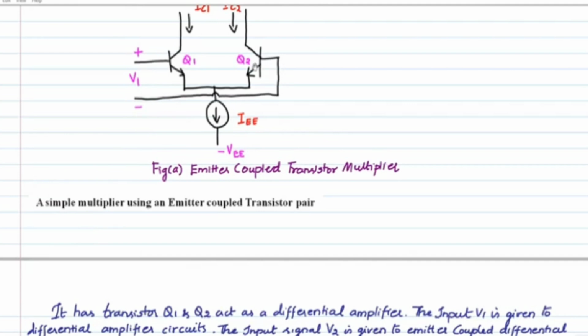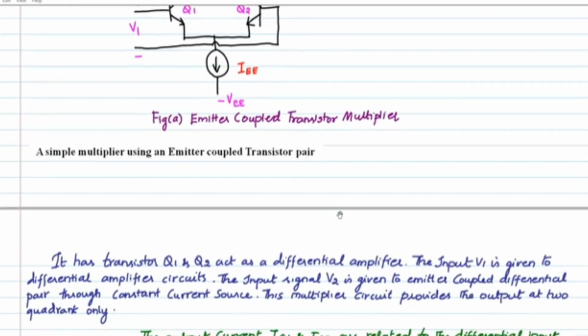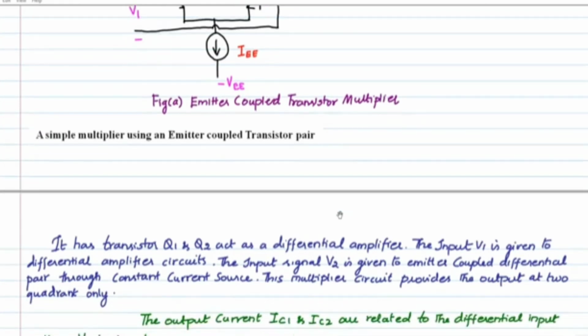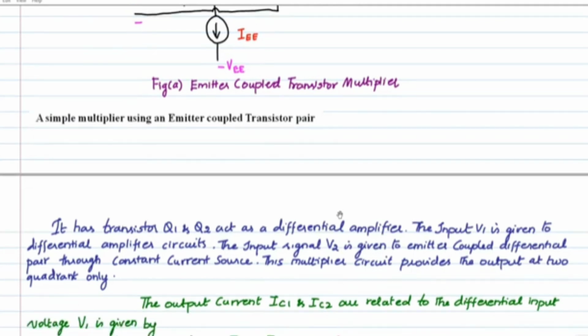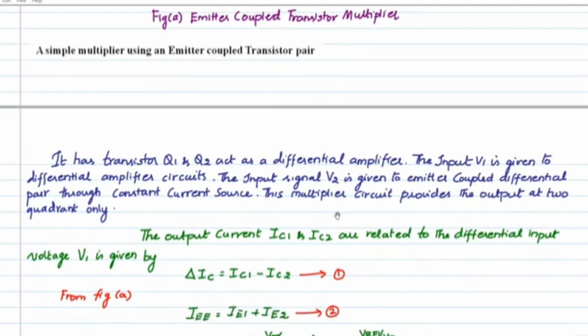The arrow mark represents the emitter, which are connected together through a common resistor or a current source. Here I have used a current source and its value is IE. It is also called a differential pair, and it is widely used in the differential amplifier and operational amplifier.